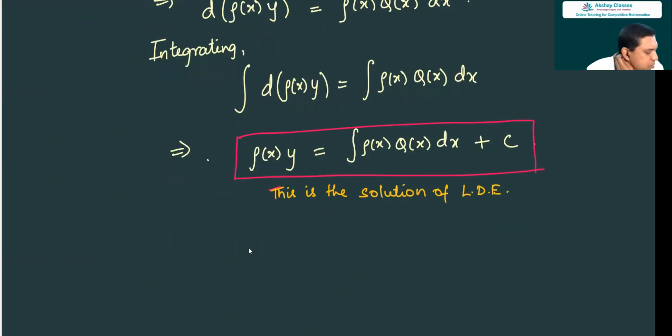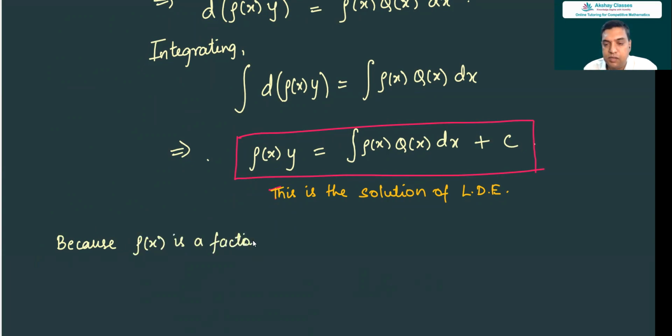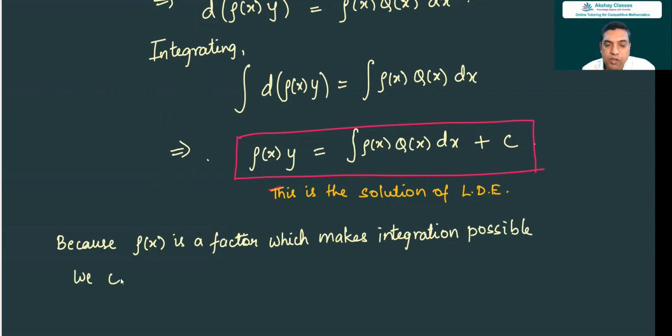Now, so what is this rho? Because rho of x is a factor which makes the integration possible, we call, very important, rho of x as the integrating factor.